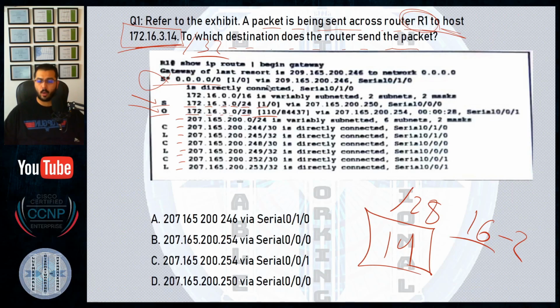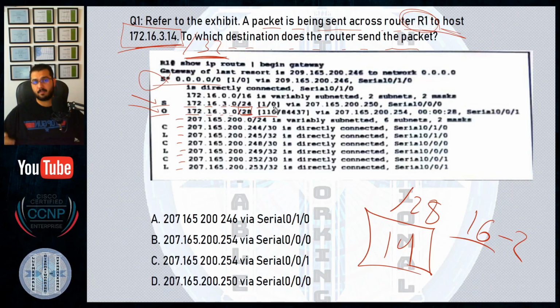Step 1 will always be the longest match rule, the most specific subnet mask that matches the destination. Since the desired destination is a host, so it has a /32, the closest to 32 is the more specific. Who is the closest to 32? Actually, it's the /28.